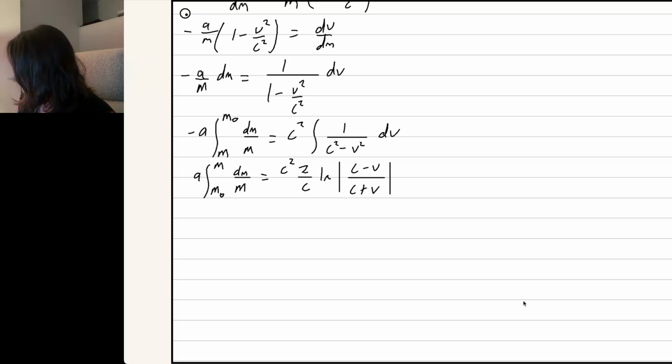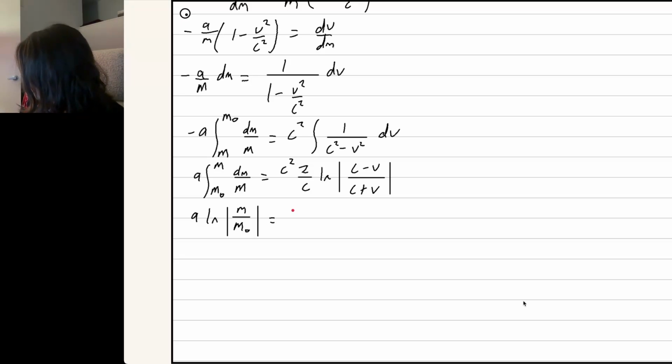That's a textbook integral that I just used from the table. You could probably derive it if you wanted to, but I just skipped to the end there. I'm going to integrate the left-hand side. That's going to be natural log of m divided by m naught.